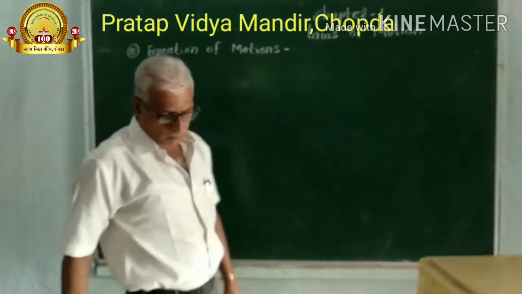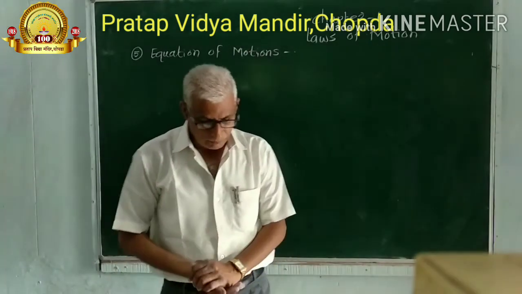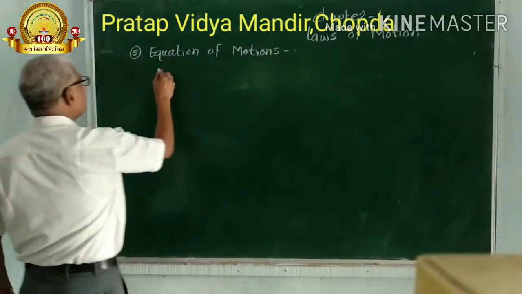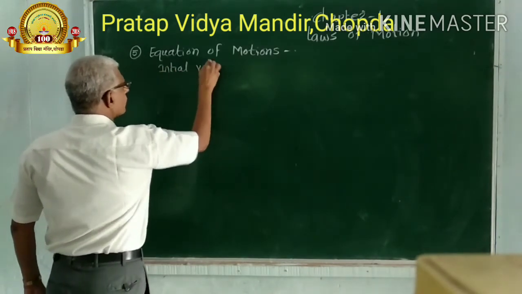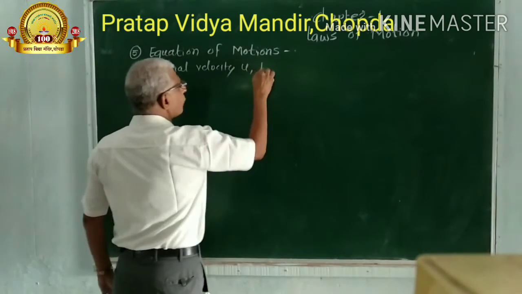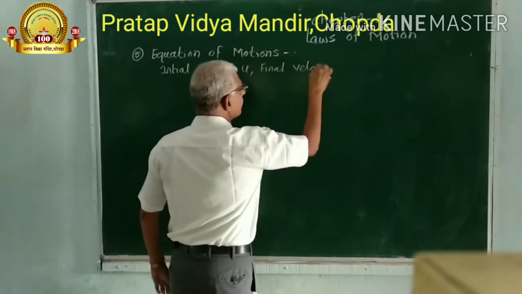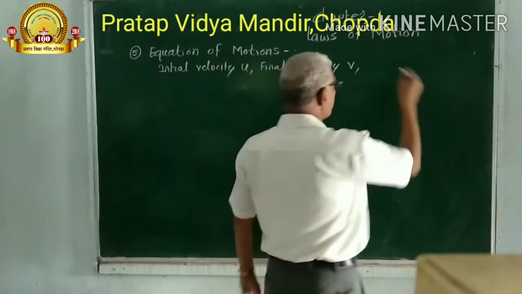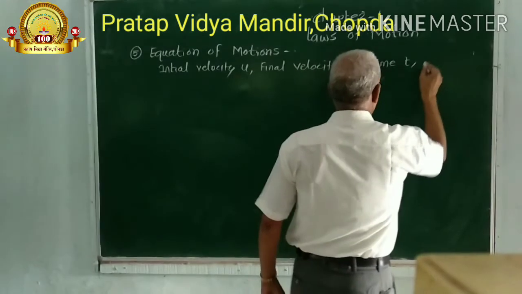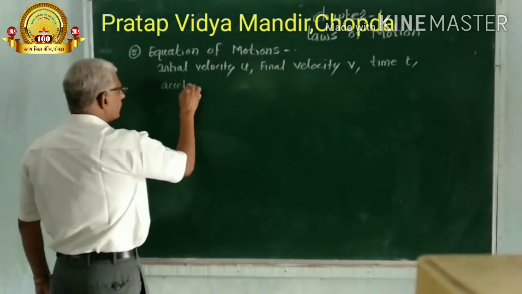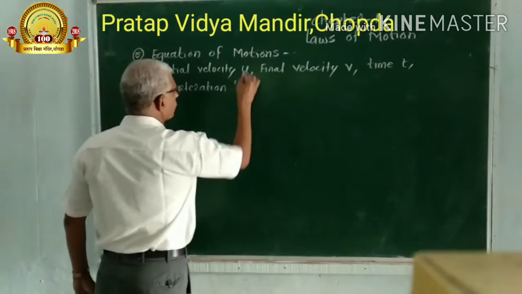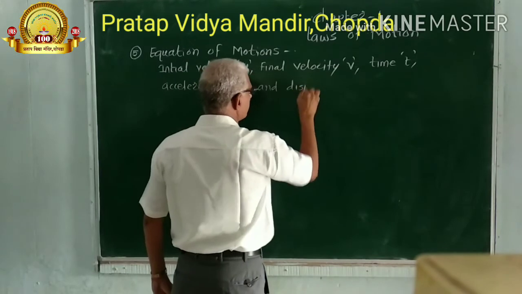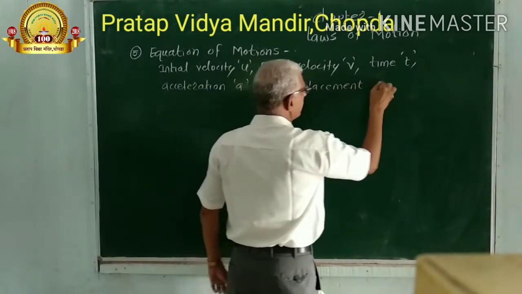An object is moving along a straight line with initial velocity u, final velocity v, time t, acceleration a, where acceleration is denoted by small a, and displacement s.